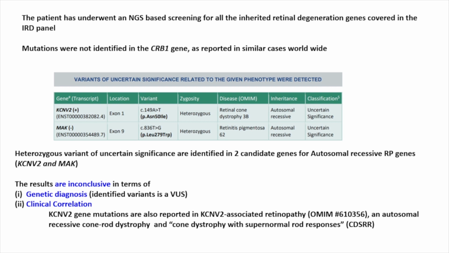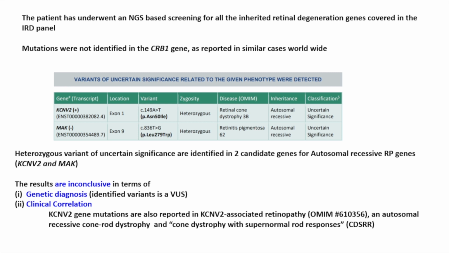And not only this, there is another gene involved, again in heterozygous state. Now, considering this heterozygosity and a sporadic event, any one can be the causative variant. If you see the disease that has already been associated, it is more with retinitis pigmentosa or retinal cone dystrophy. But if you take the classification, it is reported as uncertain significance.